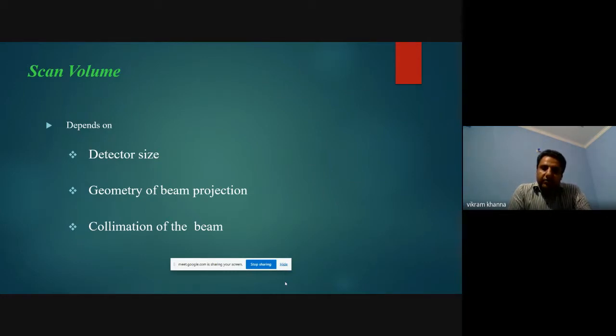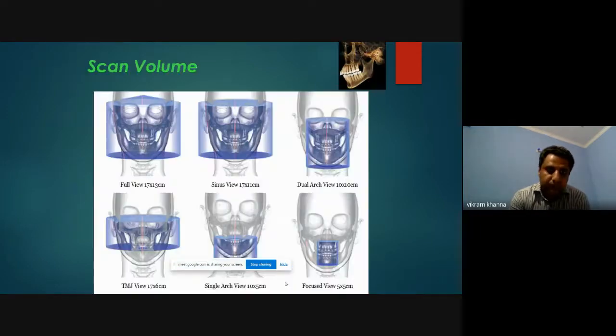ICAT, Kodak, and Scanora all have different detector sizes, so scan volume is different for all the machines. The geometry of beam projection is the same in every machine, it is a cone beam. The collimator's role is how much beam it can throw on the detector, so that is again a limiting factor when you decide a scan volume.